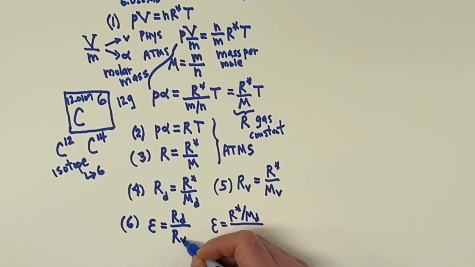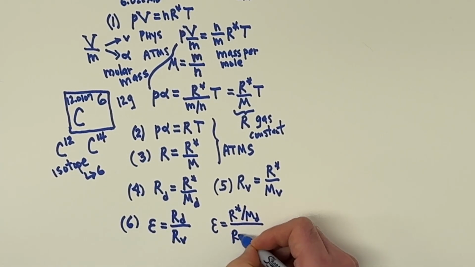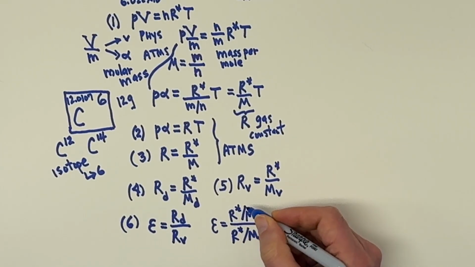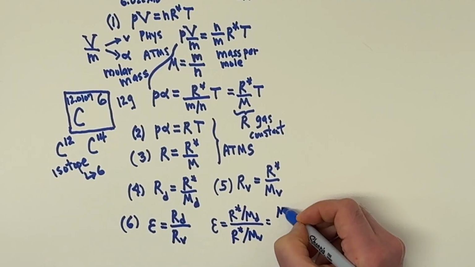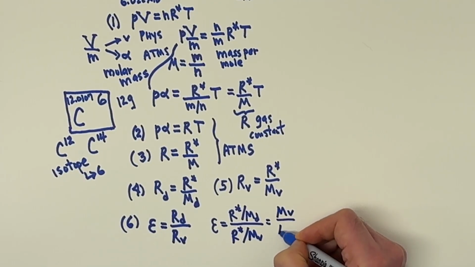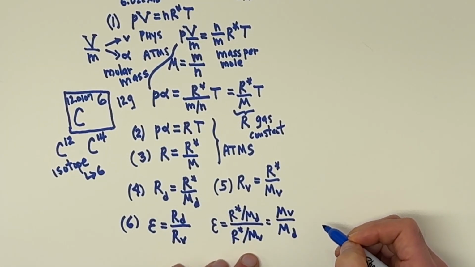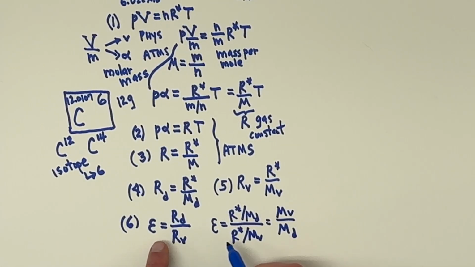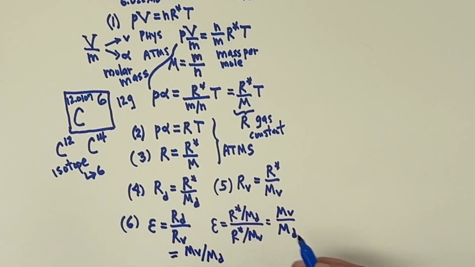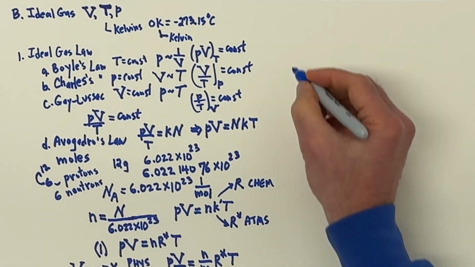And then here for the RV, you would have the R asterisk divided by the MV. The R stars would cancel and this would flip up. You'd have MV over MD. So for epsilon with equation 6, also note that this is MV over MD.